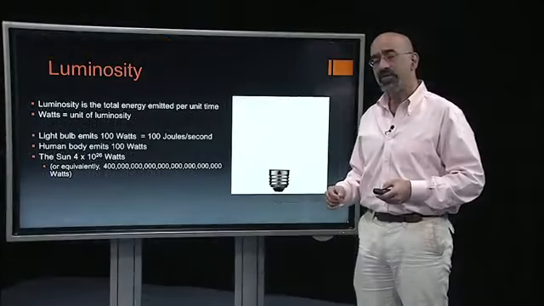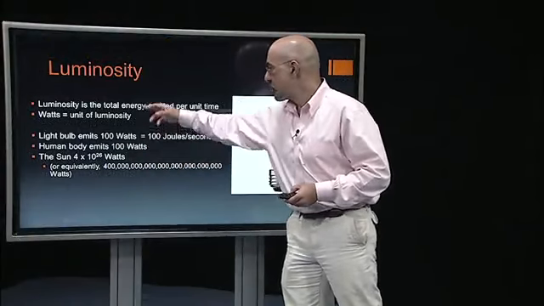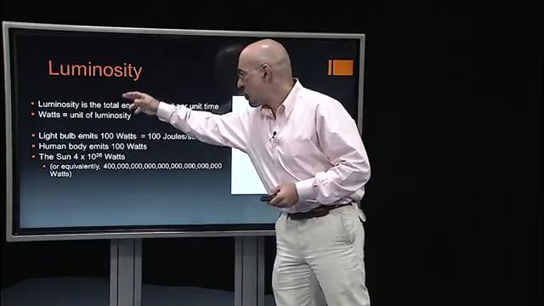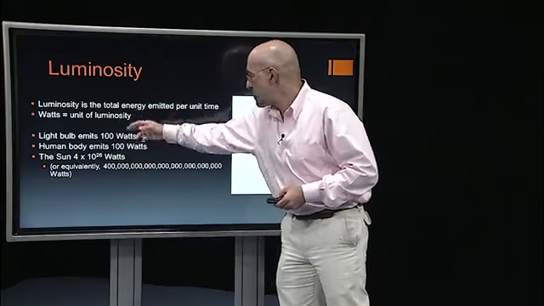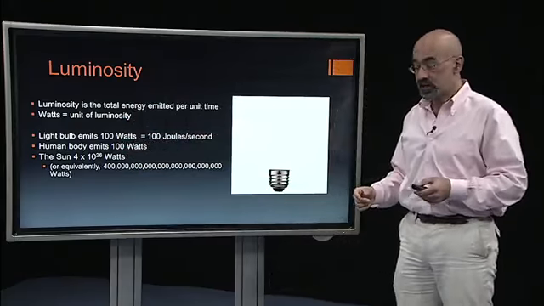So that's a lot of light bulbs. So the sun is much more energetic. But still, we want to express this all in the same units. Watts are equivalently joules per second.